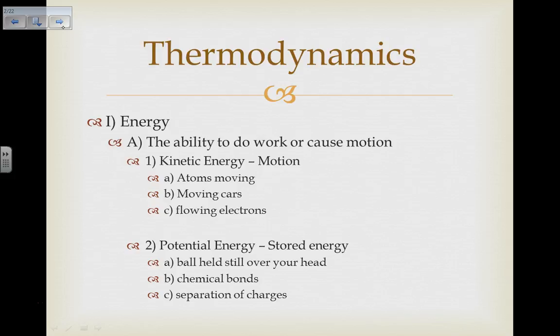Chemical bonds are not moving, and so they're storing energy. And another chemical example is when we have two oppositely charged or similarly charged ions or particles, the attractive or repulsive forces store energy. So there are all sorts of ways that we can store energy. We're going to focus primarily on those that deal with chemistry.